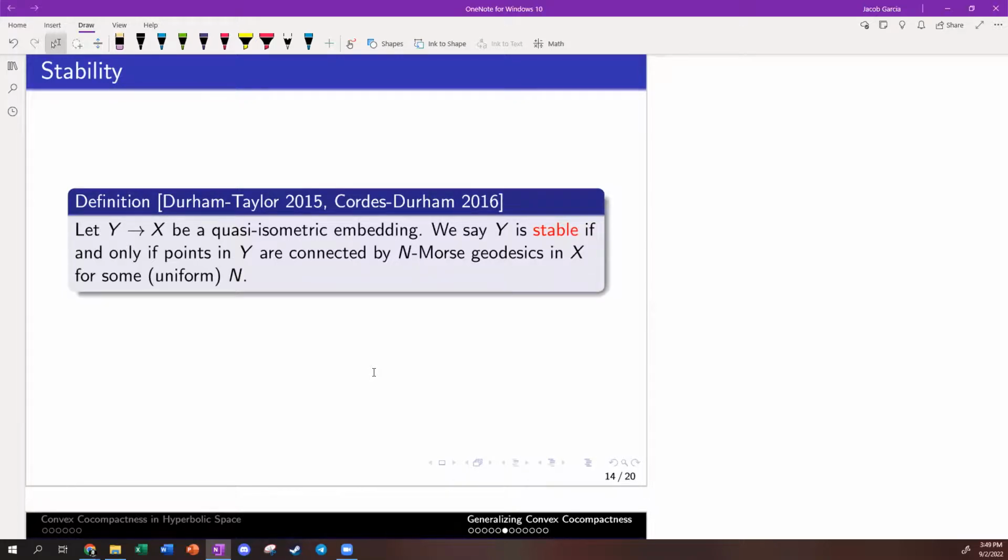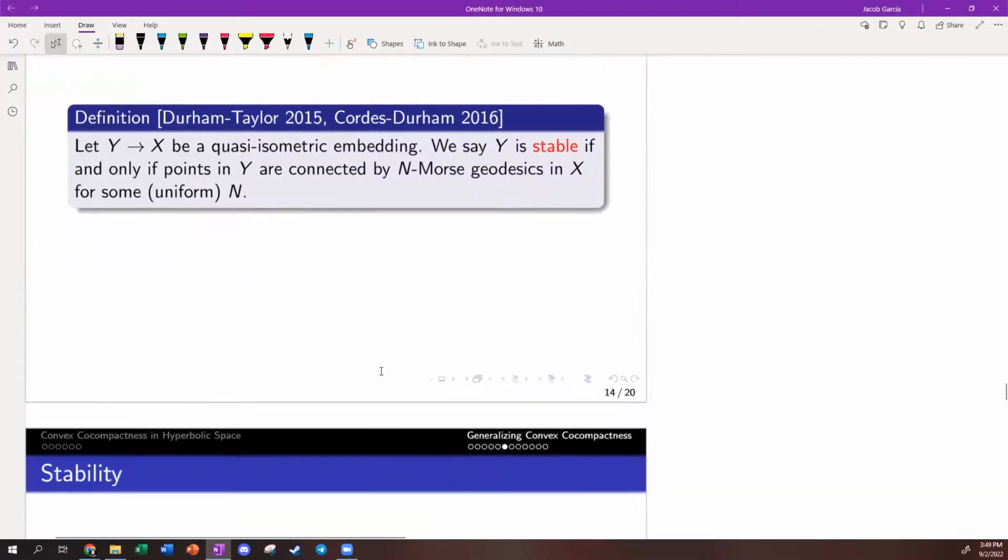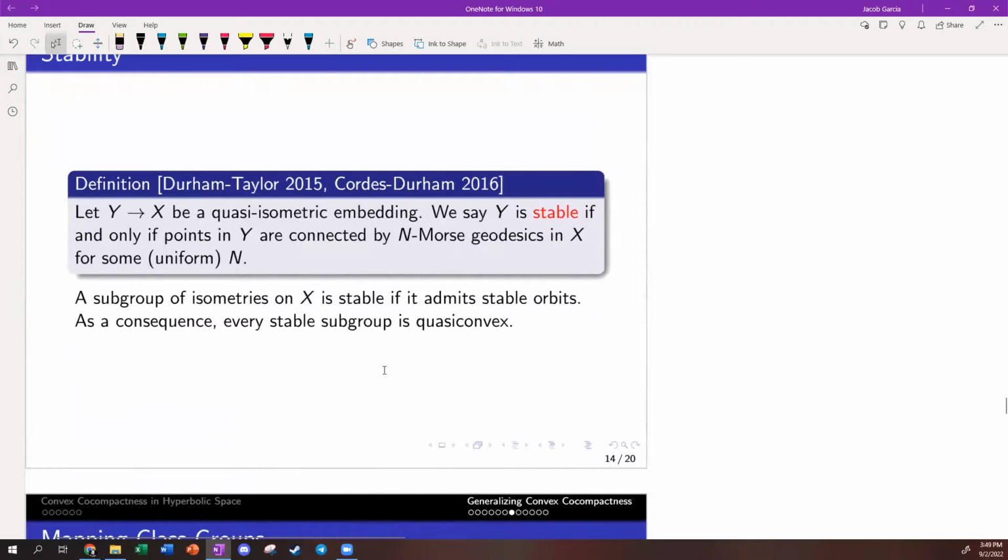They defined what it means for a subgroup to be stable. You need a quasi-isometric embedding, and all of the geodesics need to be uniformly Morse. This gives us a stronger notion of quasi-convexity. In fact, every stable subgroup is a quasi-convex subgroup, plus some extra conditions.